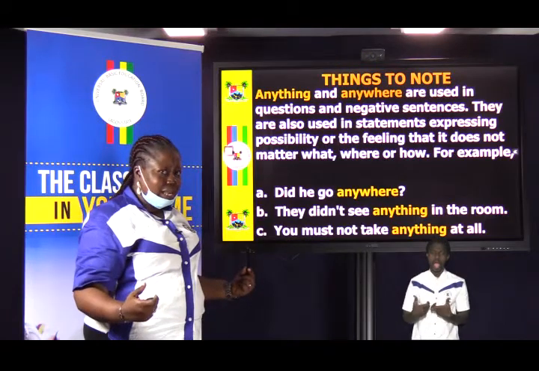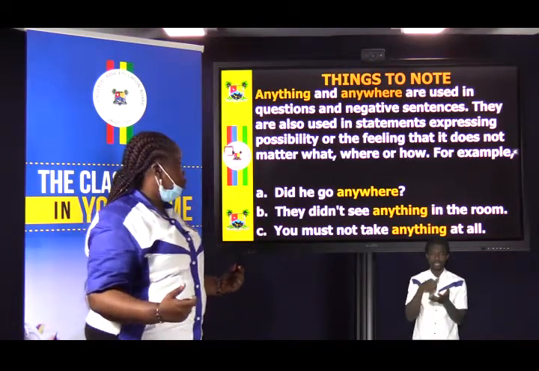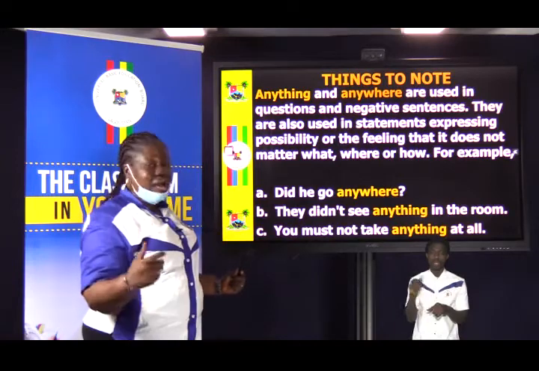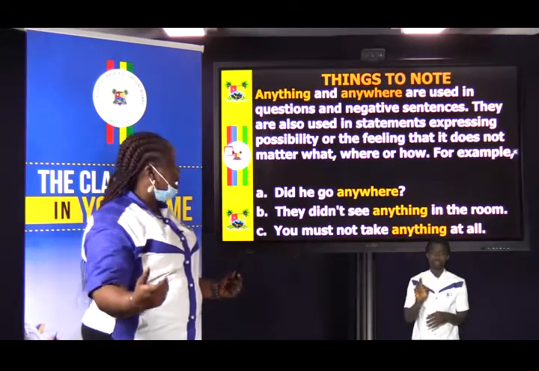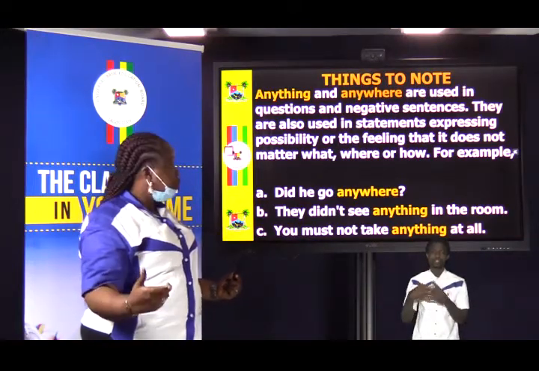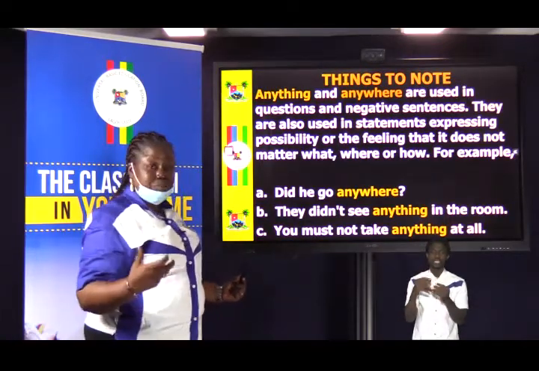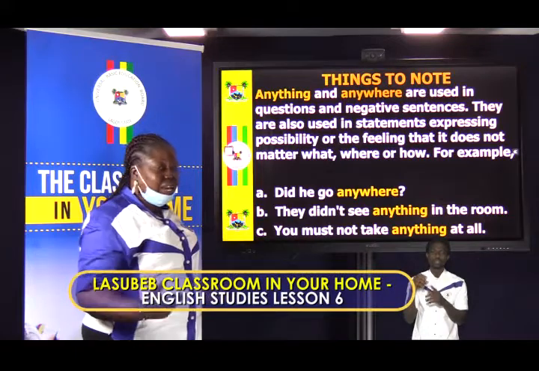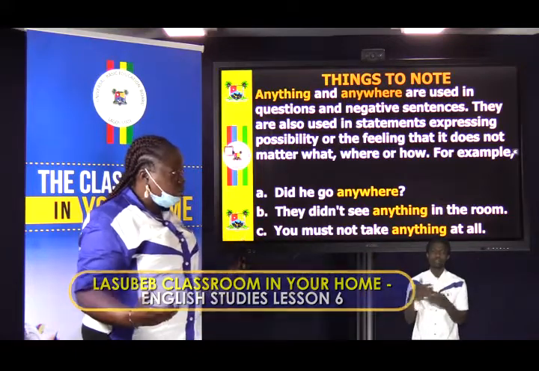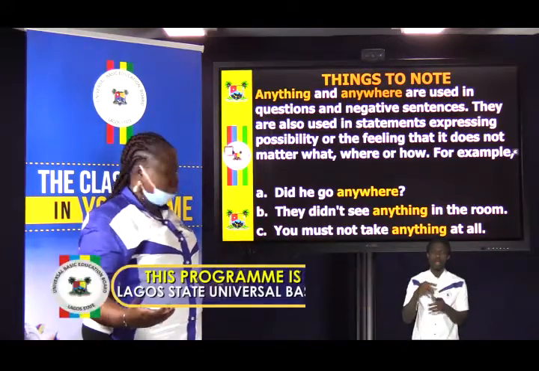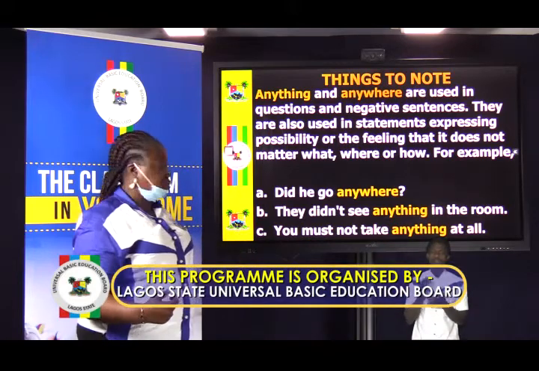Do you want me to take that again? I'll gladly do. Anything and anywhere are used in questions and negative sentences. Not only that, they are also used in statements expressing possibility or the feeling that it does not matter what, where, or how. Here are examples.